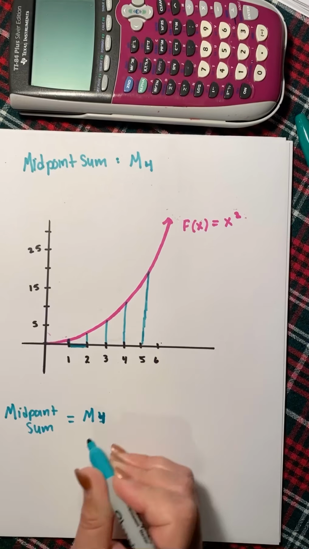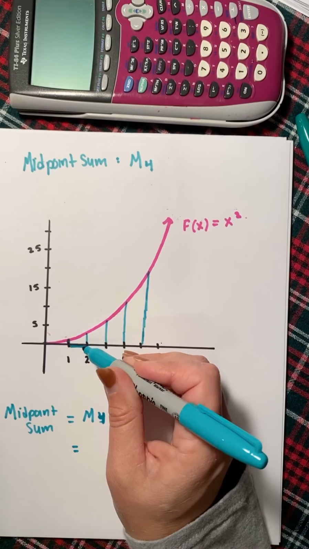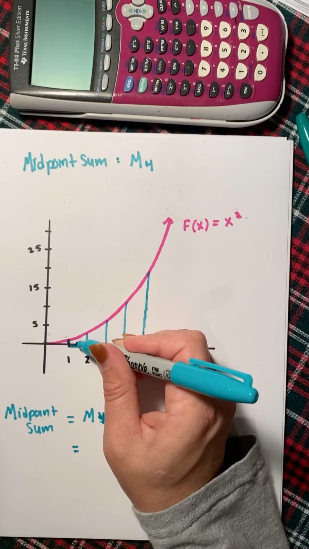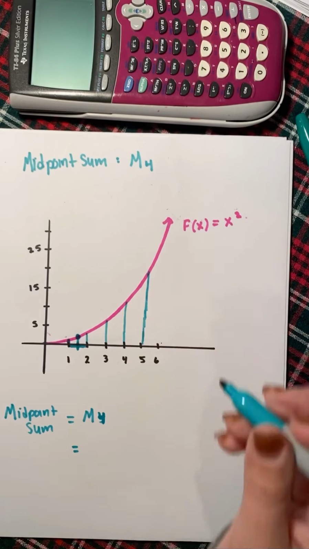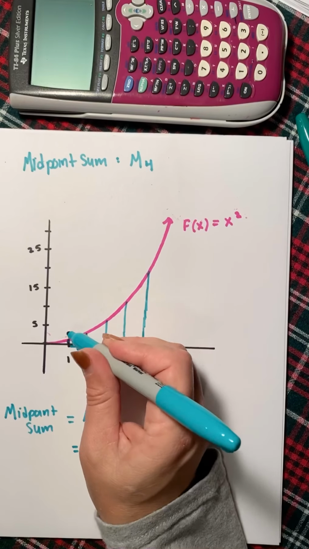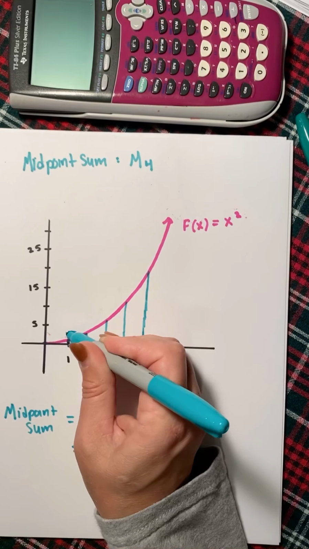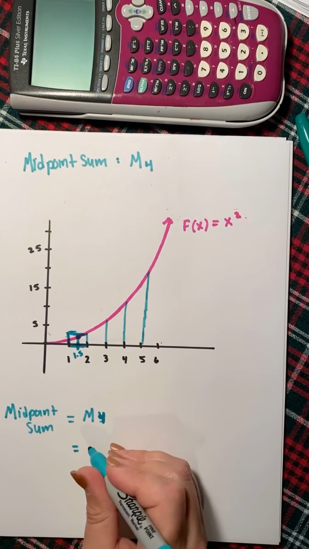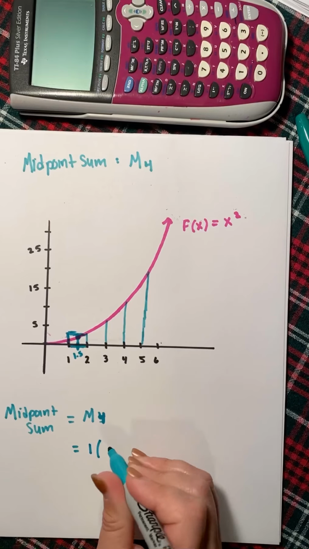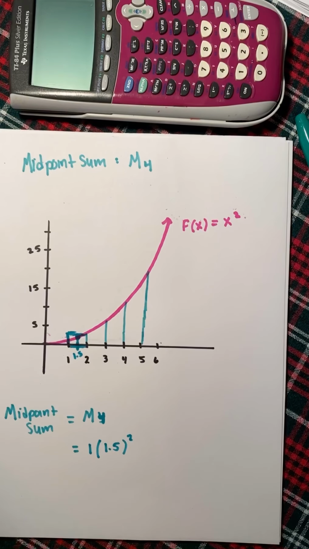All right, well, the base is still from 1 to 2, but to determine the height of the rectangle, we're going to go right in the middle, and we're going to use that value to determine the height of the rectangle. So this first rectangle, the top still stretches between 1 and 2, but its height is determined by 1.5. So the base of the first rectangle is 1, and the height is whatever the value of 1.5 squared is.